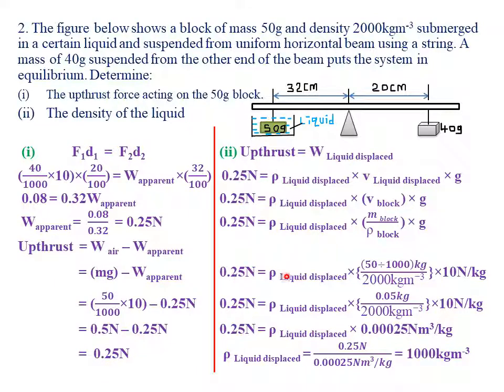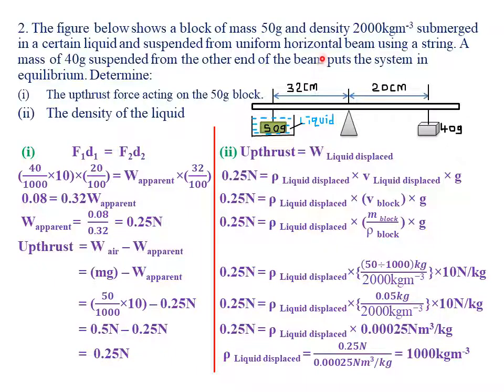So 0.25 Newton equals the density of the liquid displaced multiplied by the mass of the block, of course in SI units. The mass of the block was 50 gram. To convert into kilogram, I'll simply take 50 divided by 1000, the SI unit. Then divided by the density of the block.